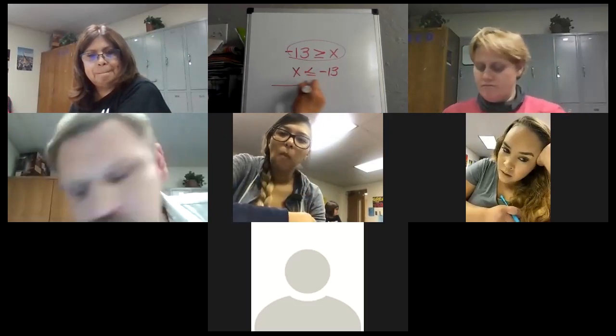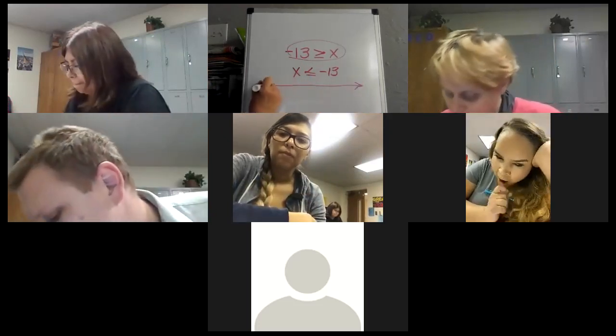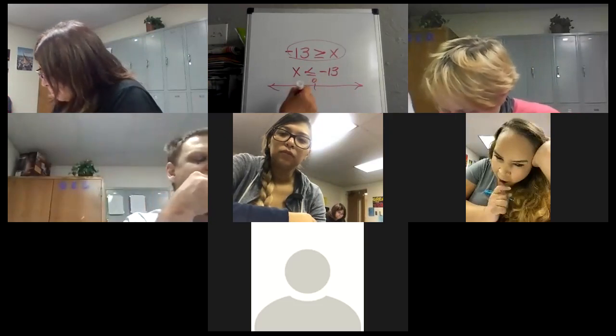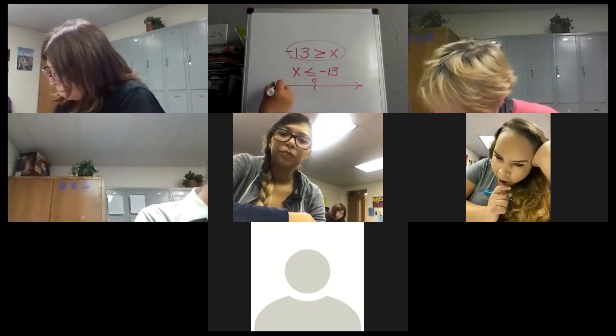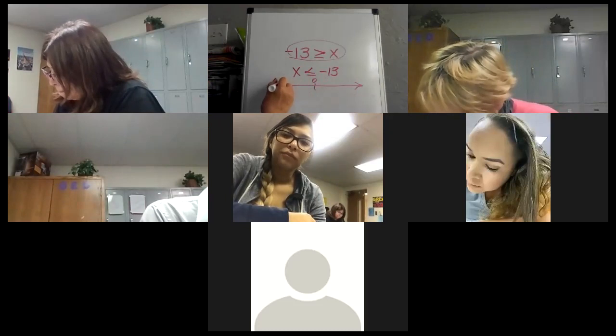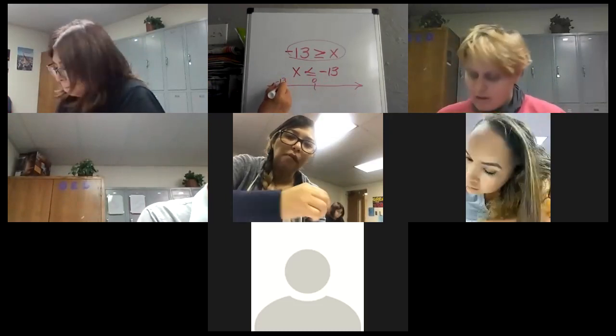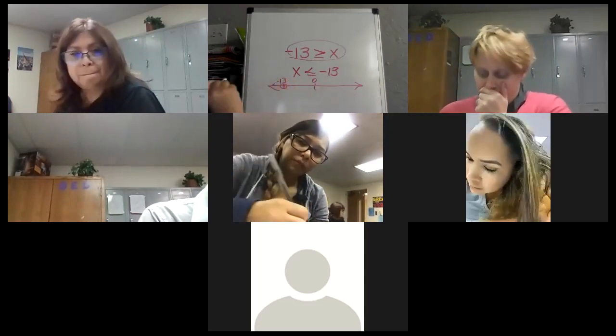Now, in this case, if we graph this, we have our place setter here and we find our important number, which is -13. We circle it because it's important.